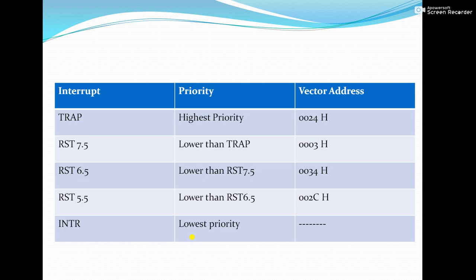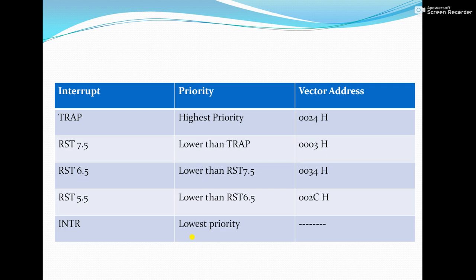Then RST 7.5 has lower priority than trap and its vector address is 003CH. RST 6.5 has lower priority than RST 7.5 and its vector address is 0034H.